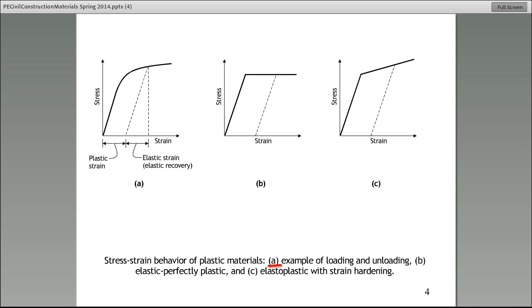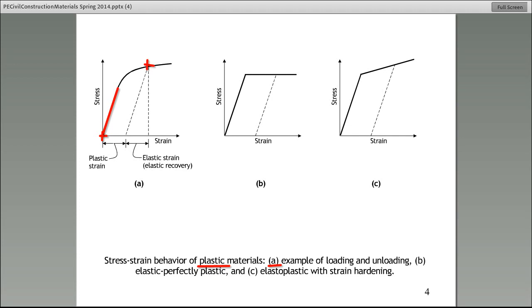Very quickly, I don't want to spend too much time on this, but the stress-strain behavior is very important because what we are exhibiting here is what I refer to as plastic deformation. Let's assume that we are looking at a material where stress and strain travel along this curve up to a point, and then it's nonlinear to this point right here.